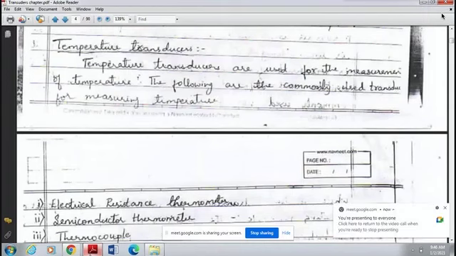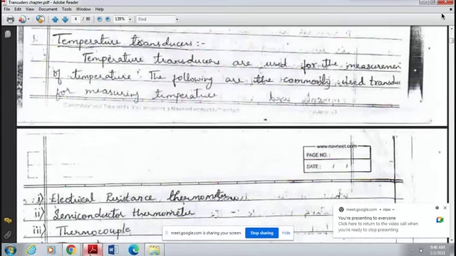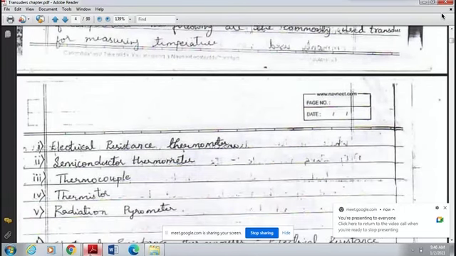So the resistance temperature detector is one of the types of temperature transducers. Then it is further classified as semiconductor thermometer, thermocouple, thermistors, and radiation pyrometers. These classifications come under the temperature transducer itself. Under the types of transducers, the temperature transducer is one of them, and under it there are different types available. The first one is the electrical resistance thermometer, also called the resistance temperature detector. Then semiconductors, thermocouples, thermistors, and radiation pyrometers.